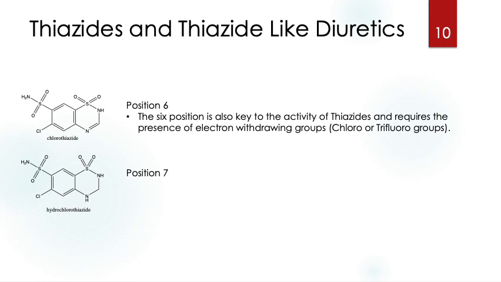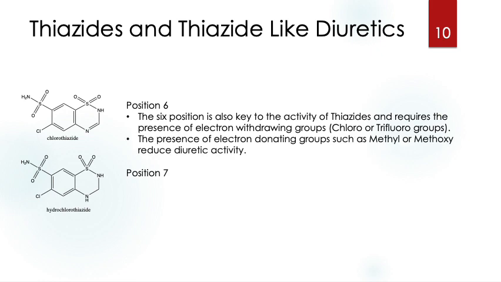It can have a chloro group or a trifluoro group, because in order for the drug to serve as a good diuretic, it requires an electron withdrawing group at the 6th position.